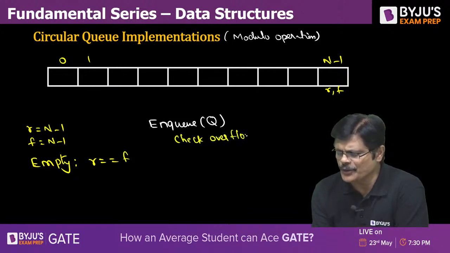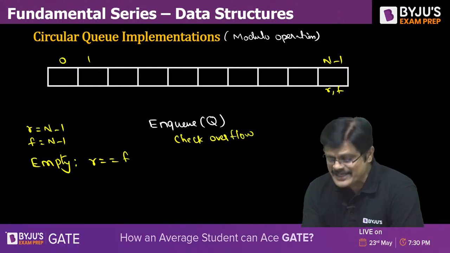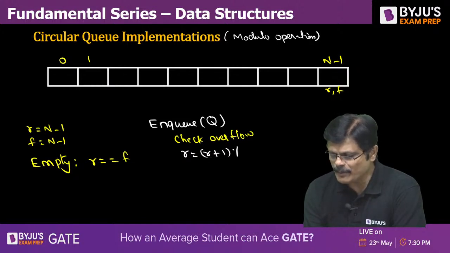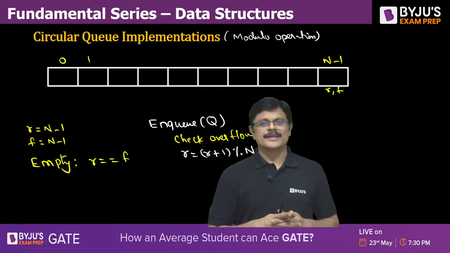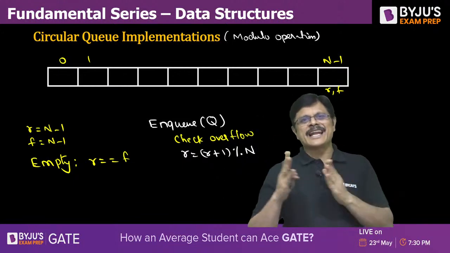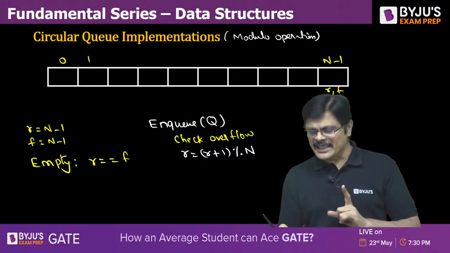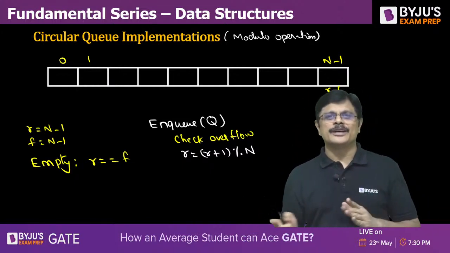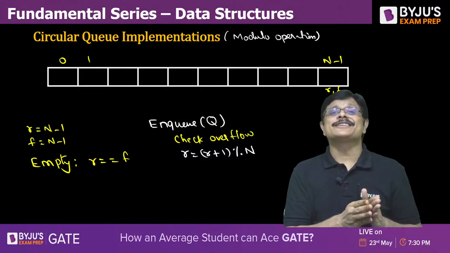So what you are going to do here is simply increment rear not just by 1, but modulo the size of the array, that is, modulo n. With this, if it is the last position, n minus 1 plus 1 is n, but modulo n means rear will move to 0. That is, after the last position it can go to the 0th position once again.